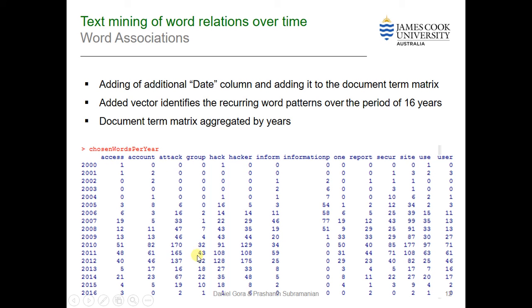What you can see, for example, is that the word group has occurred only twice since 2006, and after that it increased significantly to 32 times, 43 times, and 82 times, which indicates that group attacks have occurred quite often since 2006 compared to the past, where there had been no group attacks at all. And this gives us a good overview over the change of attack patterns over time.